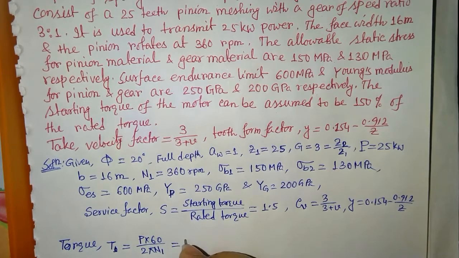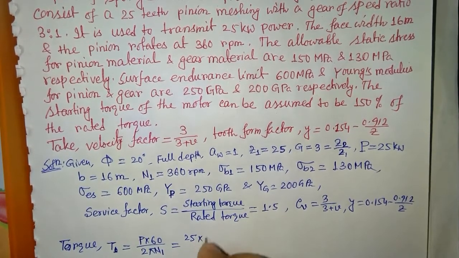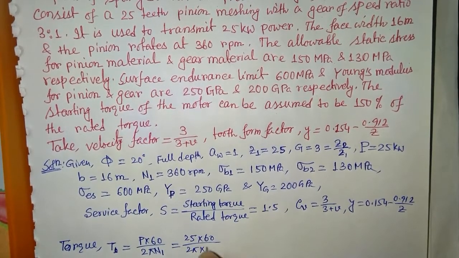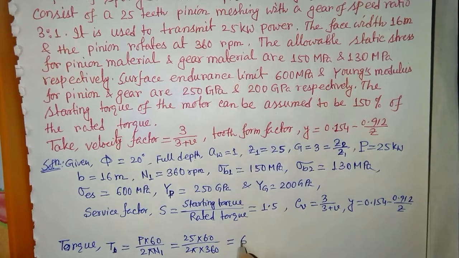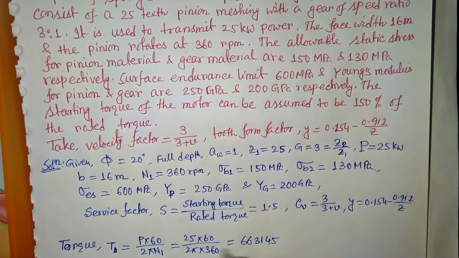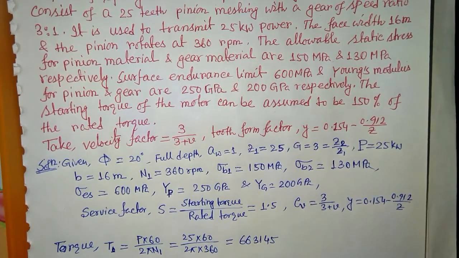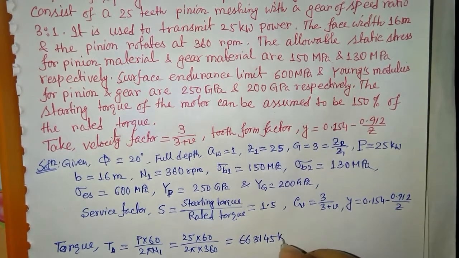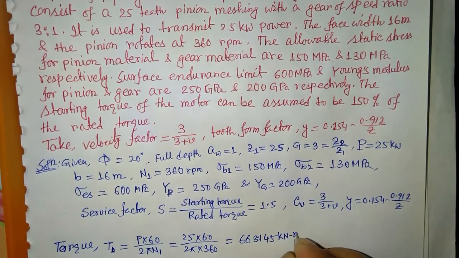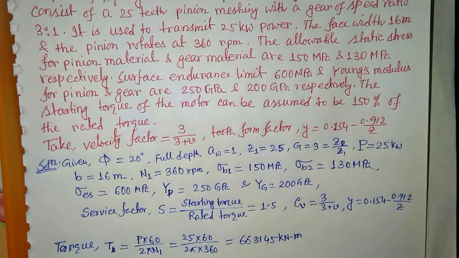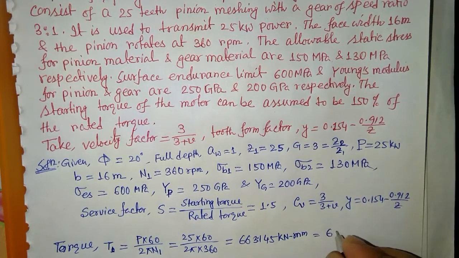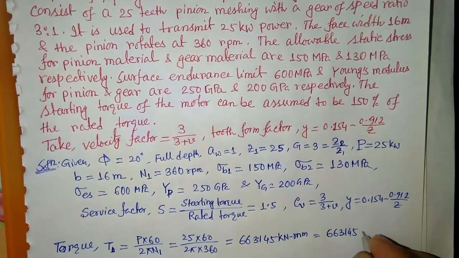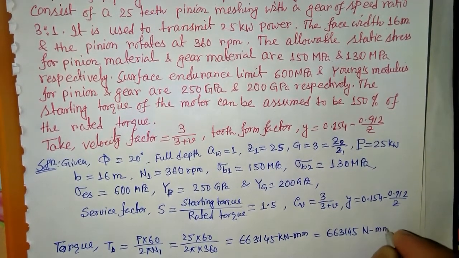This value P is 25 into 60 by 2 pi into 360, and if we make the calculation we will be getting torque as 663,145 Newton millimeter.